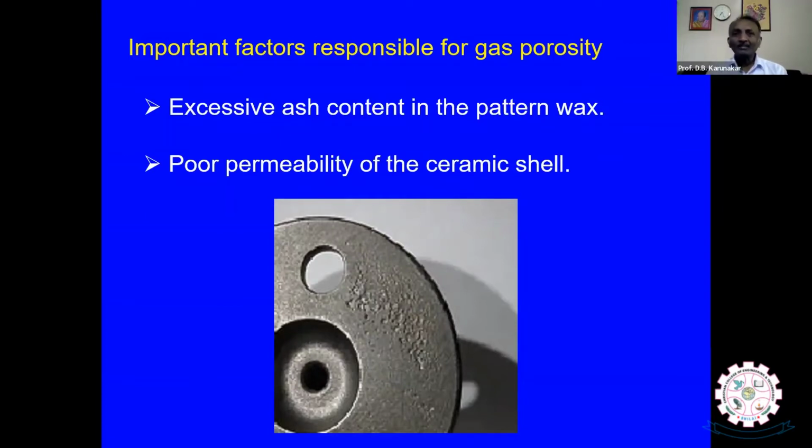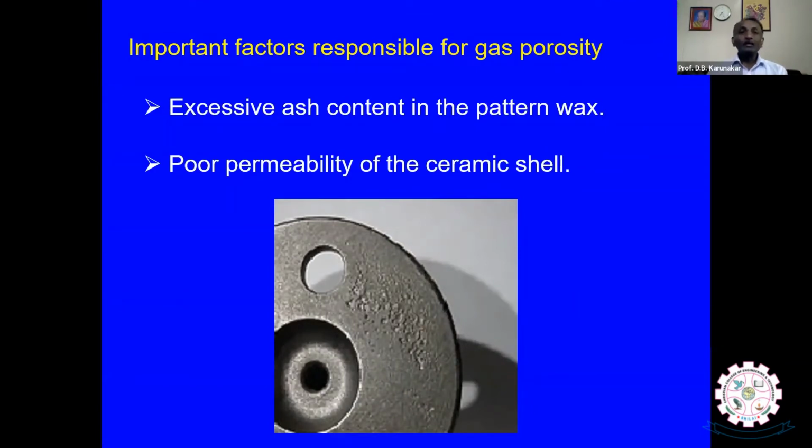Then what will happen? See, the ceramic shell has porosity, meaning tiny passages inside the ceramic shell. When we pour the molten metal, the hot gases will be leaving through the ceramic shell. Now, because of this ash content in the pattern, during the dewaxing stage, as the pattern drains out and goes down, this sulfur or ash content sticks onto the ceramic shell, and it obstructs the narrow passages of the ceramic shell.